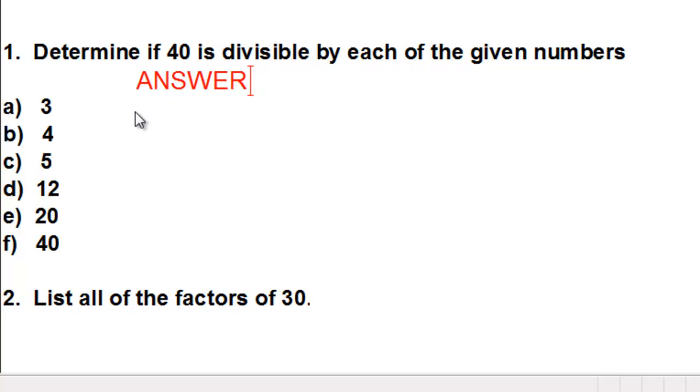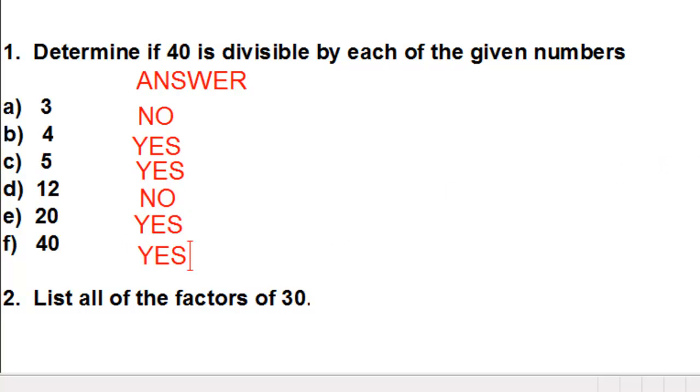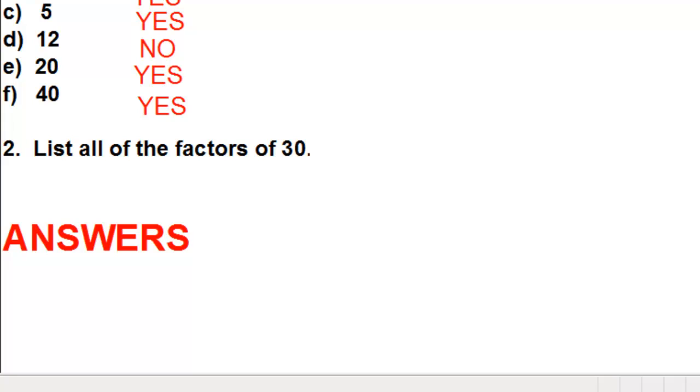So 40 divided by 3, the remainder is not 0, so for that one it's no. For 4, 40 divided by 4 is 10, so remainder 0, so it is. 5, it is. 12 is not, because 40 divided by 12 gives a remainder that's not 0. 20 is, and 40 is. So those are the answers for number 1.